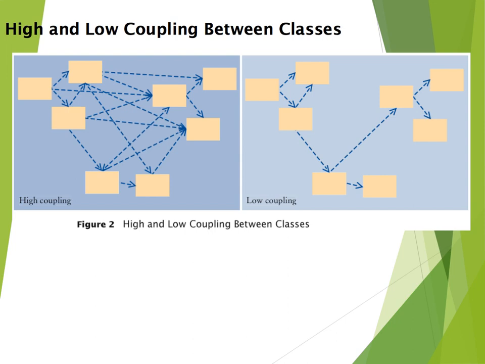However, when you have low coupling in a program, which means the number of dependencies between classes is very low, then changing interfaces in a class is affordable, and you just need to change a few other interfaces when you are changing one interface in a class.